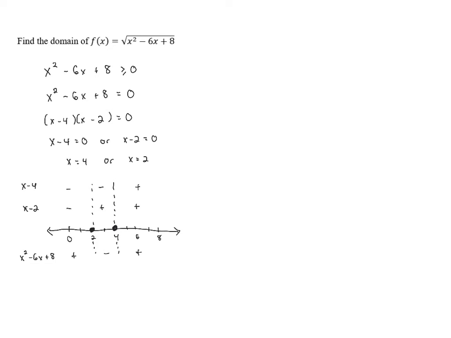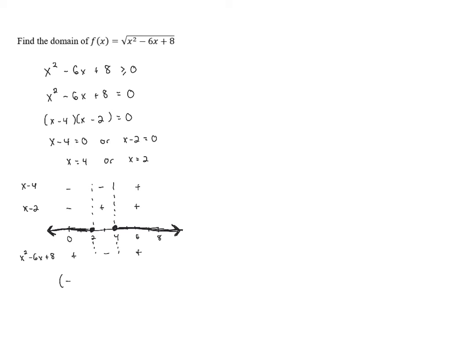Since we wanted to know where x squared minus 6x plus 8 is greater than or equal to 0, we look to the intervals where this expression is positive, and so we know we're going to end up shading in the outer intervals, the one on the right and the one on the left. This ends up giving us the intervals where x squared minus 6x plus 8 is greater than or equal to 0.